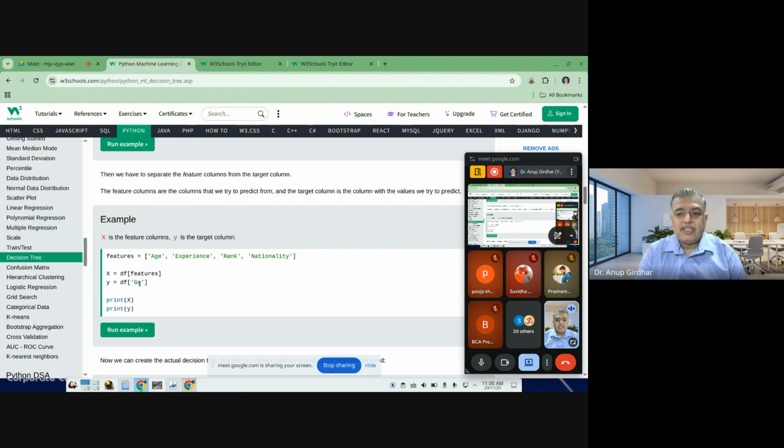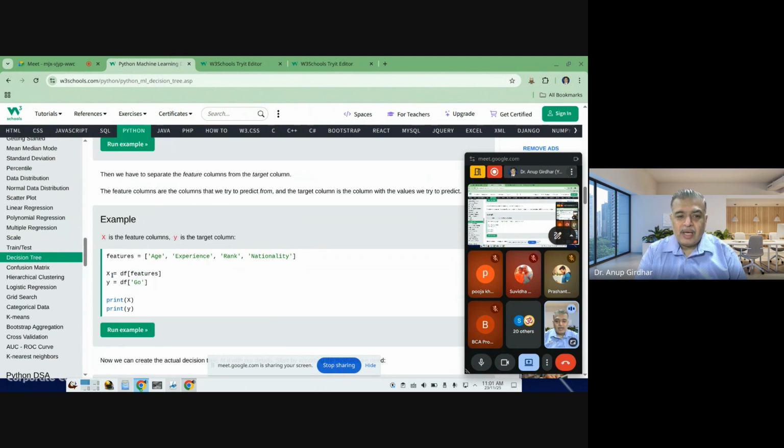The decision is whether that person goes, yes or no, but based on what? So go is the dependent variable, and these four are independent variables: age, experience, rank, and nationality. With the combination of these multiple independent attributes, we want to identify the dependent value.